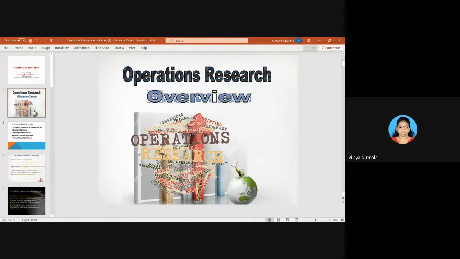Right. So in this new approach of a systematic and scientific study of the operations of the system, those operations are said to be operations research, or we also call it operational research.